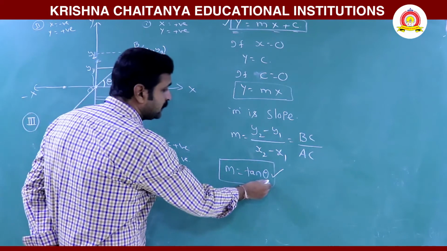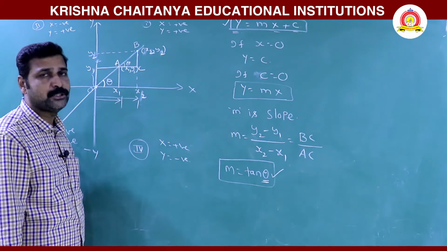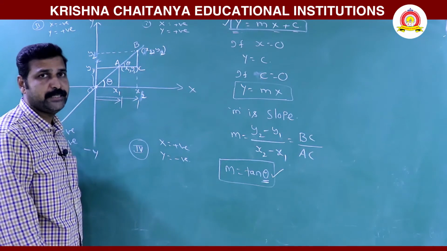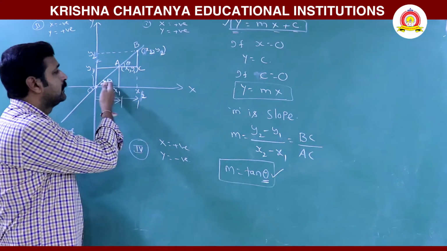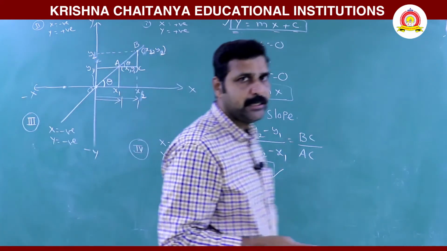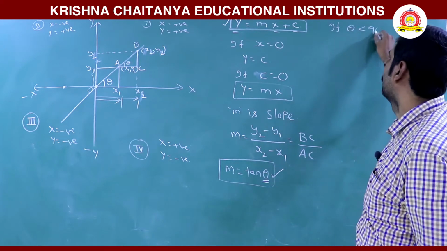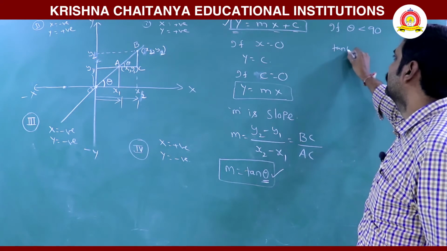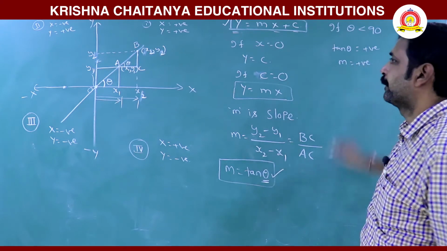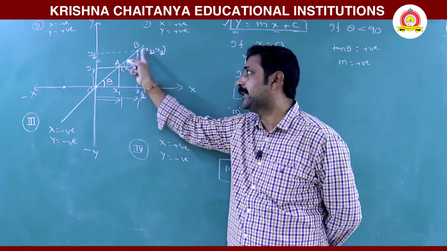Now based on this theta, you can identify whether the slopes are positive or negative. If theta is less than 90, then tan theta values are always positive. That means slope is positive. This is theta, which is always less than 90 here, if the graph is like this.